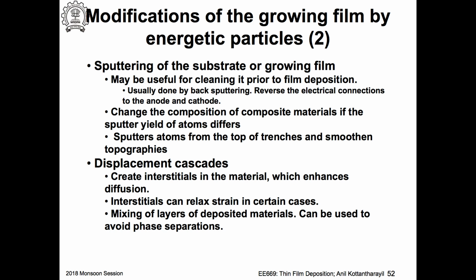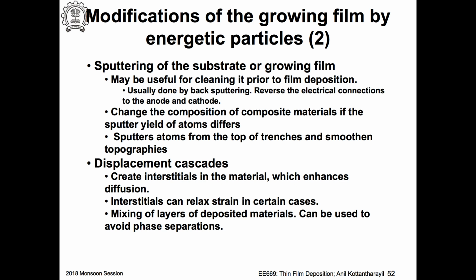Using displacement cascades, you can create interstitials in the material, which can then enhance diffusion. And interstitials, this is kind of defect generation, can relax strain in some cases, and you can mix layers of deposited materials, and this can be used to avoid phase separations.